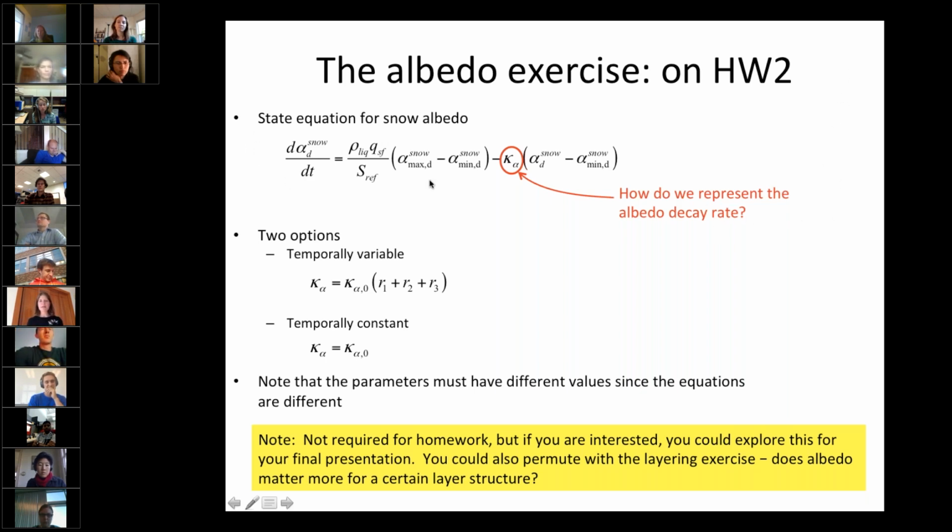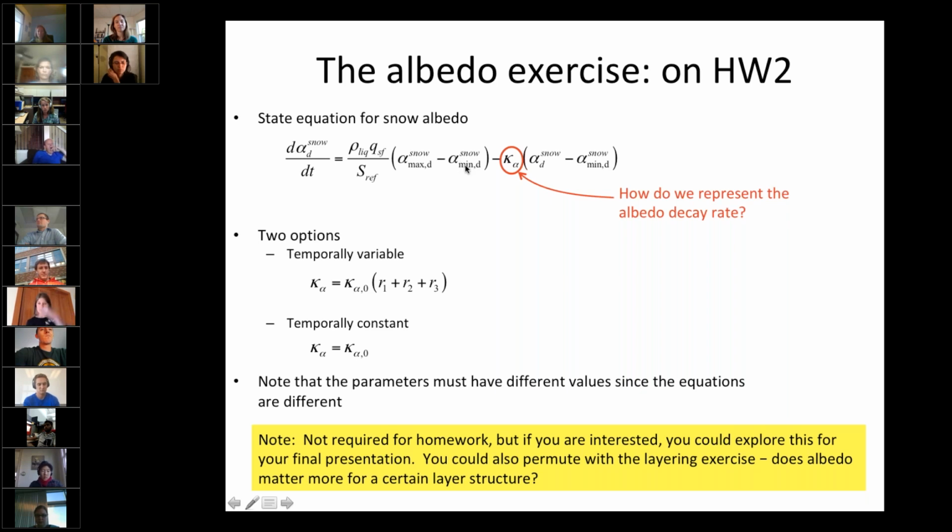Here is the state equation for snow albedo: the change in the albedo of the snow per unit time is a function of the density and the water content of the surface. It's a function of whether the snow has been refreshed, and then it's a decay rate of how much your snow varies with time from some maximum and minimum parameters.